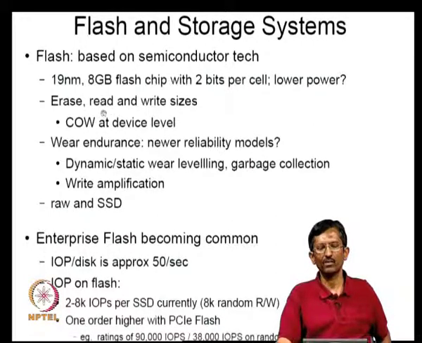For example, in many more recent systems, read can be at 4K level, write can be at 16 or 32K level. Erase can be, let us say, 256 kilobytes, or it could be 256 or 512 kilobytes, those kinds of ranges.